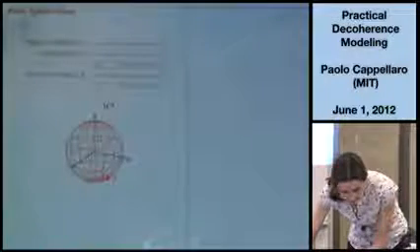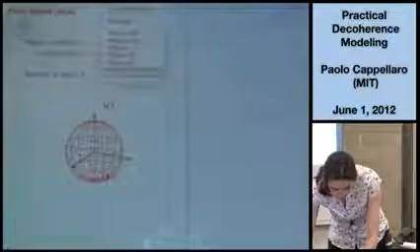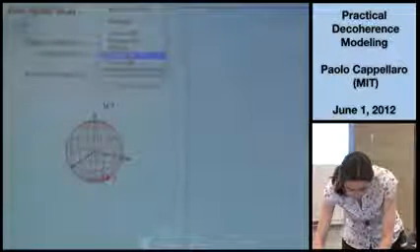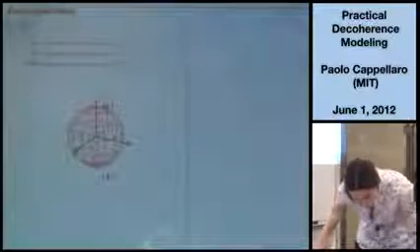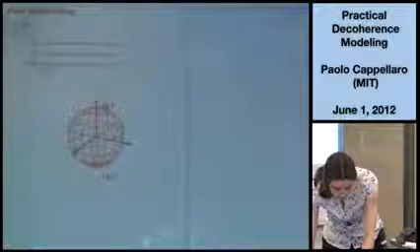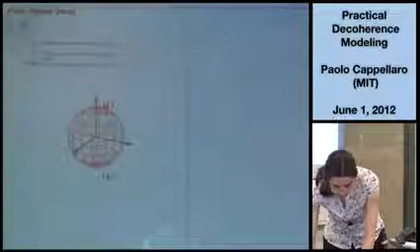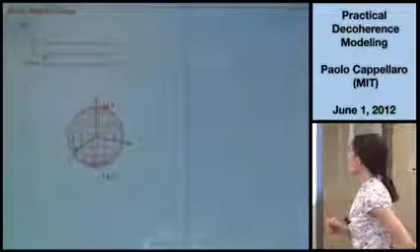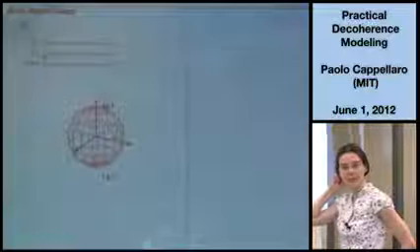The second example, how did I call it? I think it's this one. Yes. So this was the second example, in which, as I said, I had this environment continuously monitoring my system.